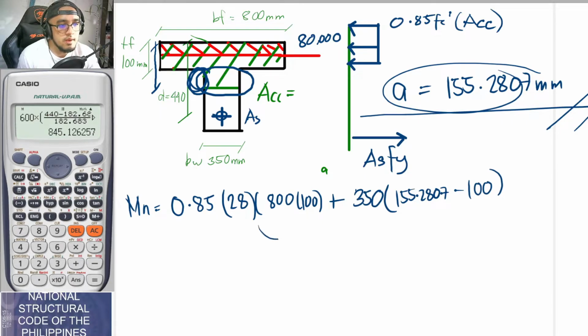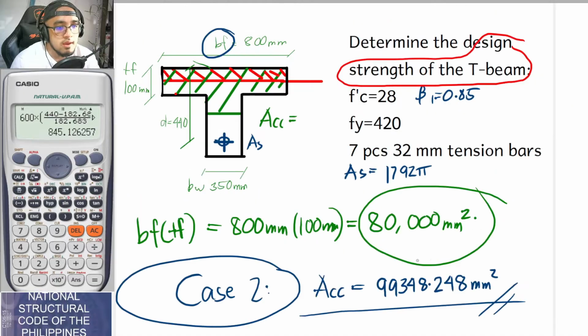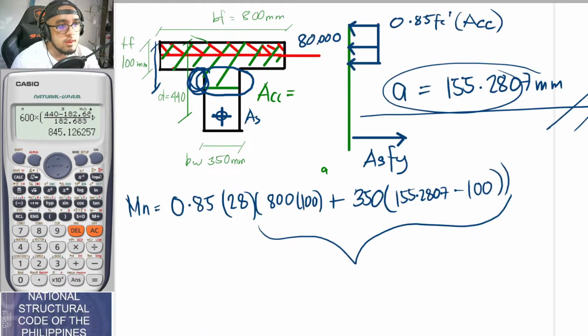If you get the answer here, that is basically 99348.248. So 0.85 times 28. Sorry, let us just solve the area first. So 800 times 100 plus 350 times 155.2807 minus 100. Our answer here is 99348.245.